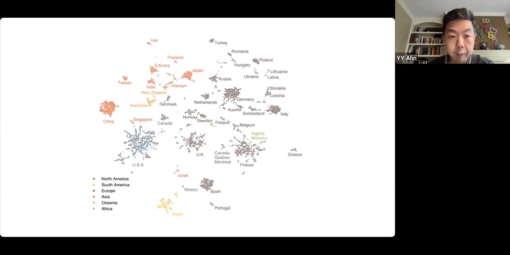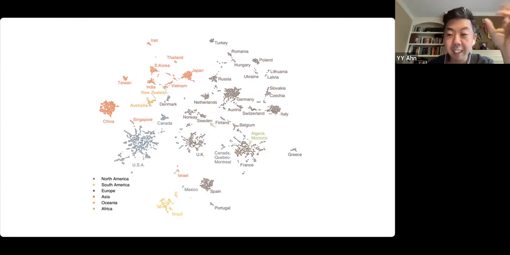And that looks like this. It's like looking at the Earth from the North Pole, if you look closely. You get to see very strong clusters based on the countries. But it's not just countries, it's also about culture and language. For instance, Quebec is closer to France than Canada.